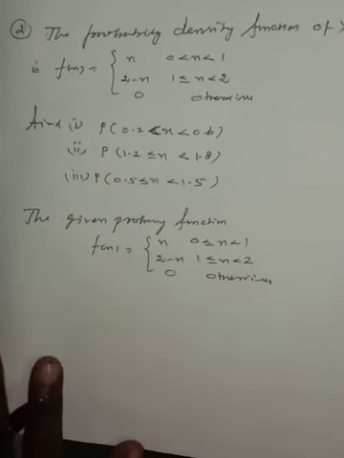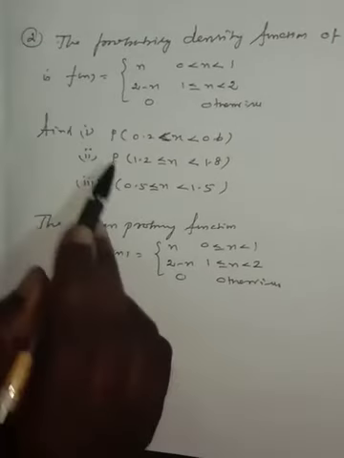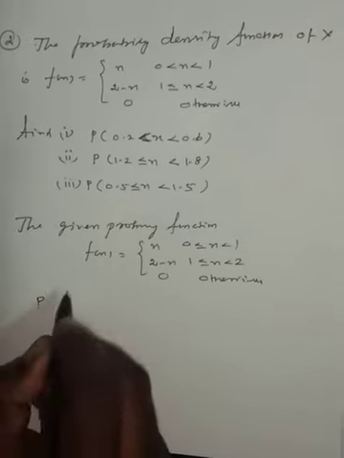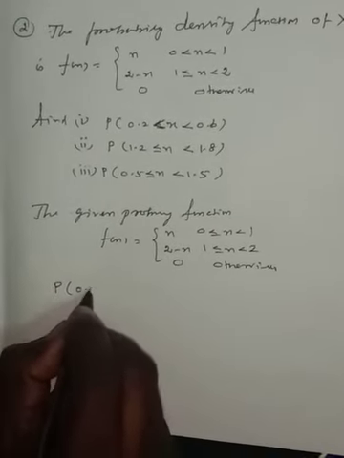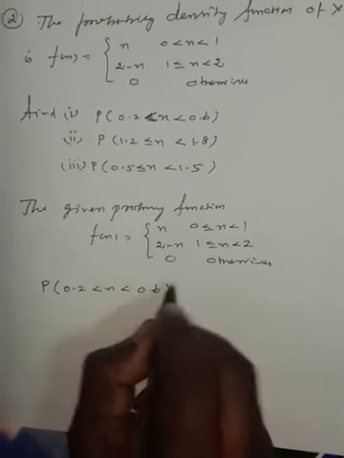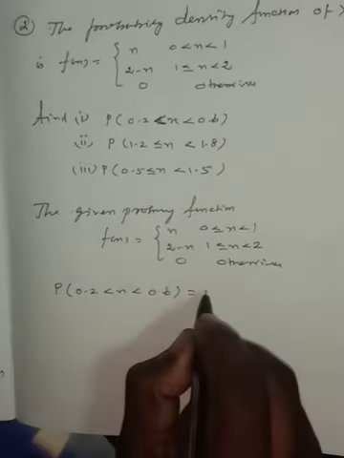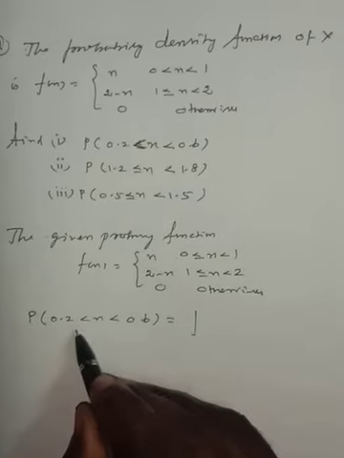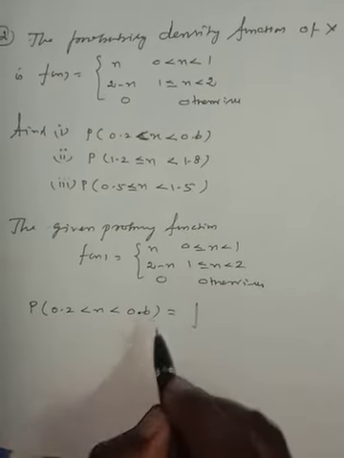Question number 1 is probability of 0.2 less than x less than 0.6, equal to the integral from 0.2 to 0.6.